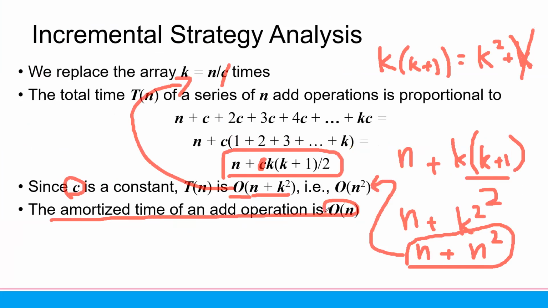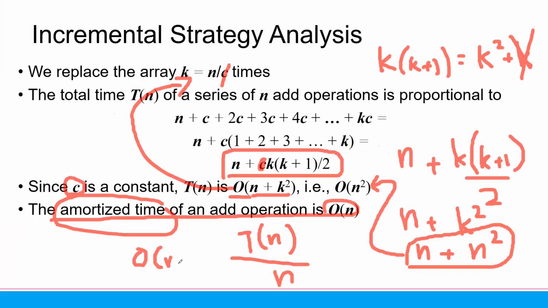Why? Based on the definition, the amortized time is T(n) divided by n. So we have O(n power of 2), which means the operation is n power of 2, divided by n, and then it becomes O(n).